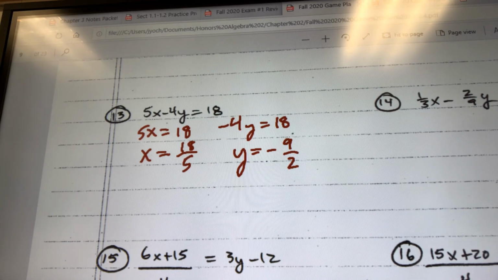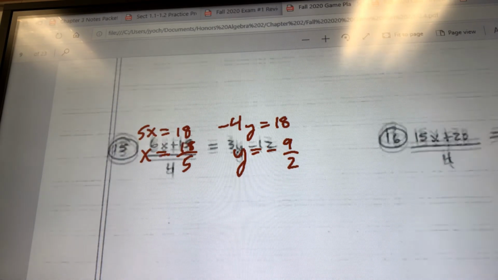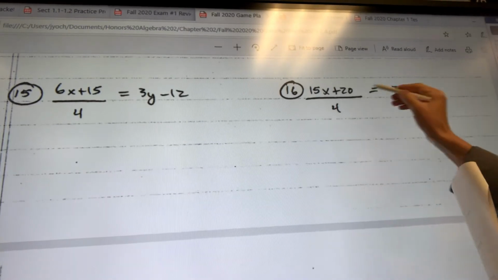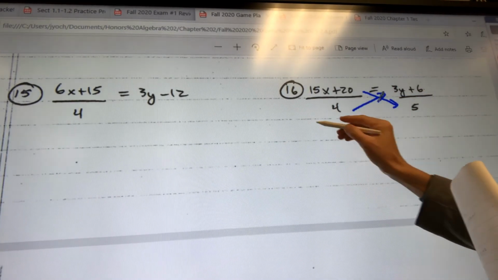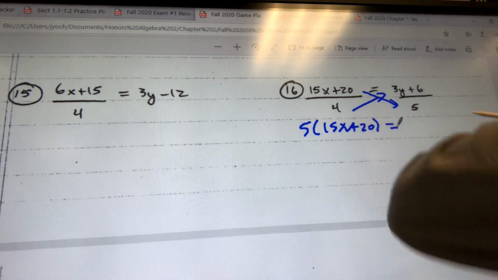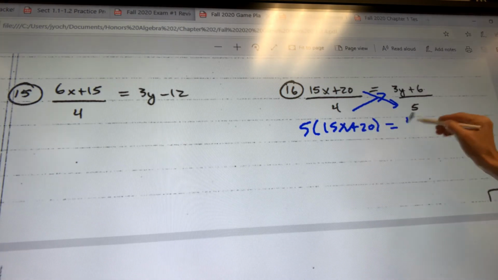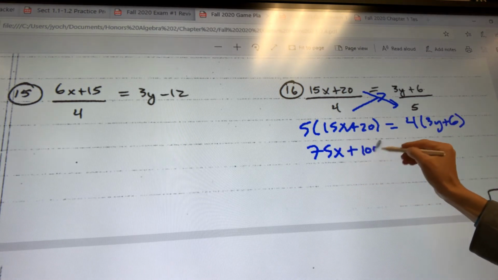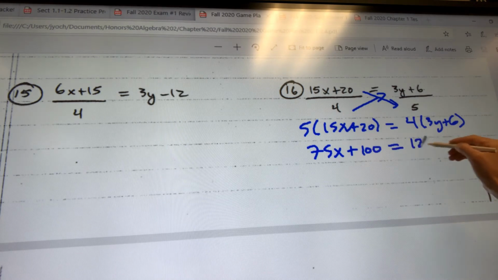And on 16, I'm going to do 16 with you here. Whoa, a lot going on. 16 is an interesting one. Cross multiply. So 5 times this is equal to 4 times this. 75x plus 100 is equal to 12y plus 24.